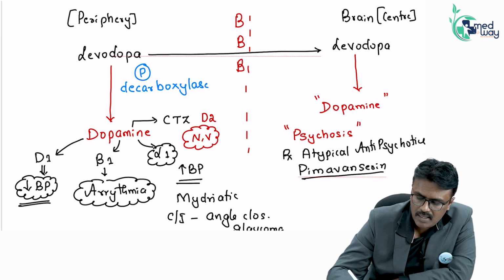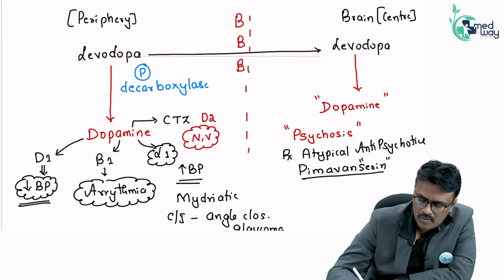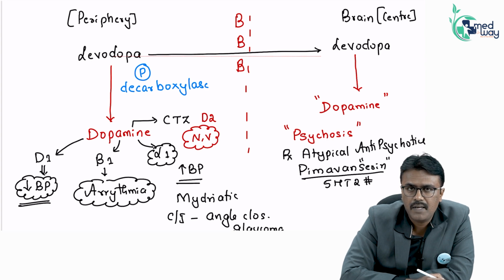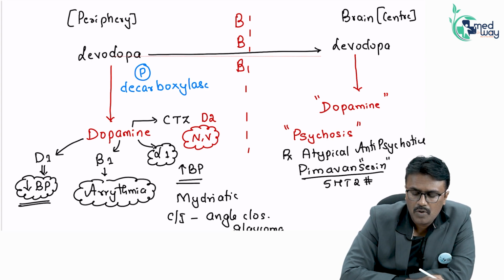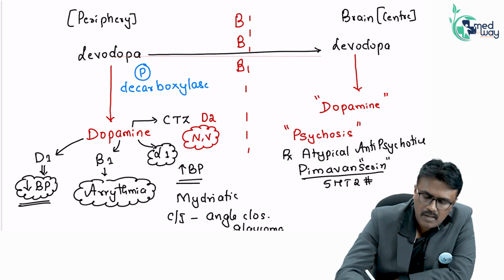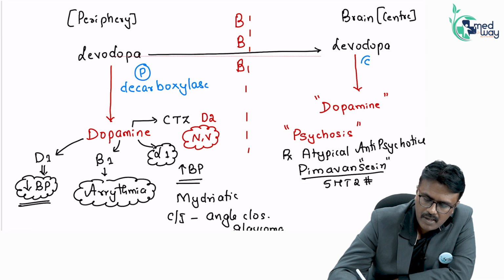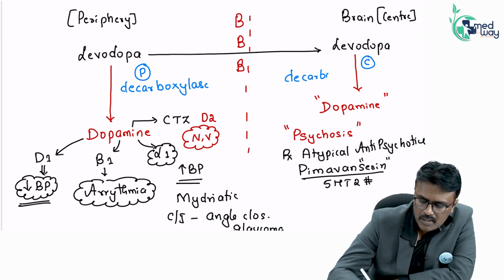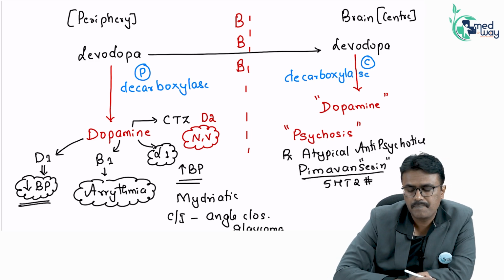As the name ends with serin, it has to do with 5-HT. So it's a 5-HT2 antagonist. It starts with P, and it is used for Parkinson disease psychosis. So dopamine excess can lead to psychosis. And who will convert levodopa to dopamine in the brain? The enzyme is called central decarboxylase.